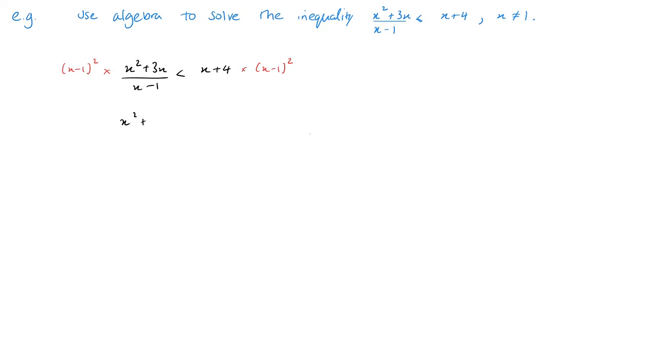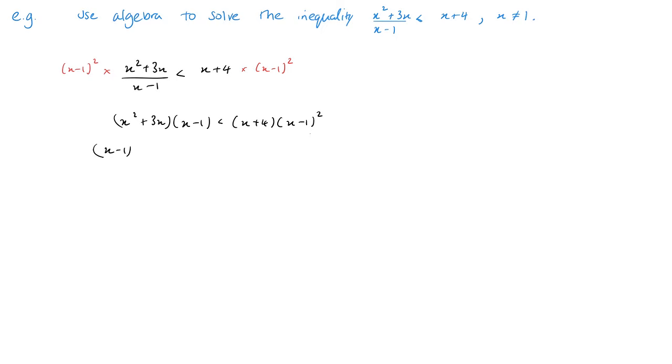So we've got x squared plus 3x times by x minus 1, and we've got x plus 4 times by x minus 1 squared. Obviously this x minus 1 will cancel one of these. Okay, now I need to take everything over to one side. It doesn't matter which side I do it, so I'll take it over to the left.